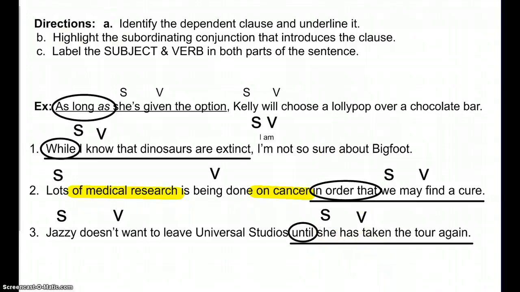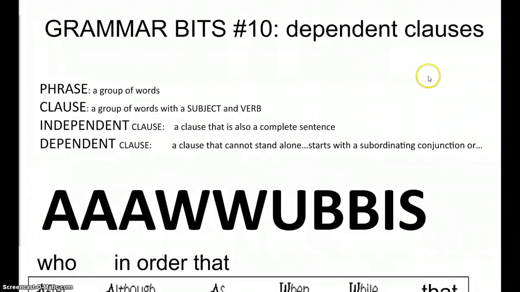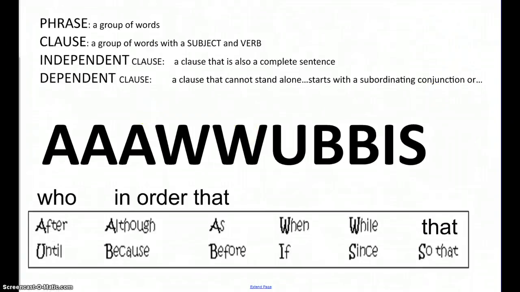And so we're going to be doing a lot of practice that looks a lot like this, where students will have to find and circle the signal word, underline the dependent clause, and then find the subject and the verb in both sides. Now one more thing that we took note of as we looked at this list of AWUBISes is that we had several of these words that were also prepositions: before, after, until, as. And so we talked a little bit about how do we know if they're being used as a preposition or a dependent clause signal word. And we had to think about, what does a prepositional phrase look like? It starts with a preposition and ends with a noun, and there aren't allowed to be any verbs in there.